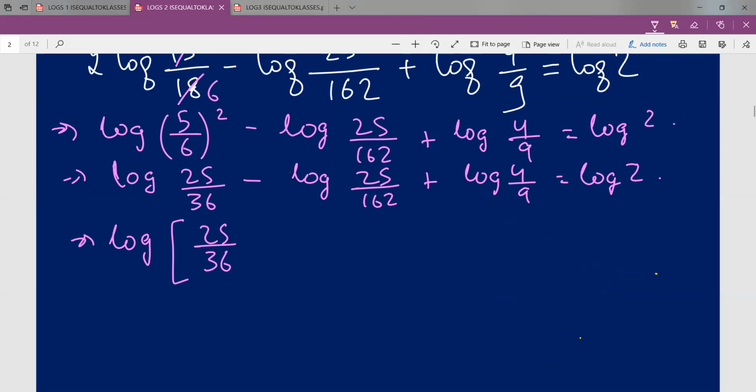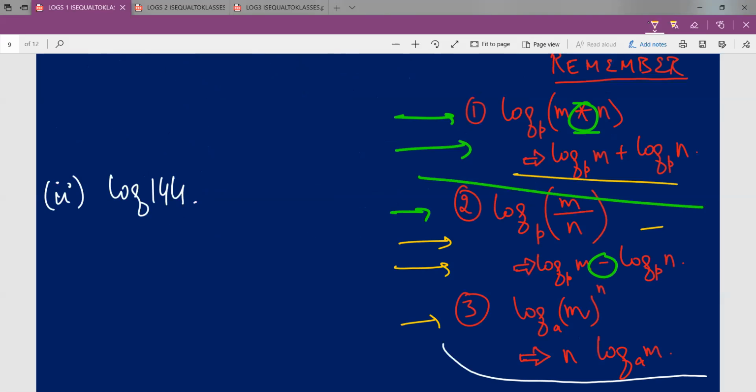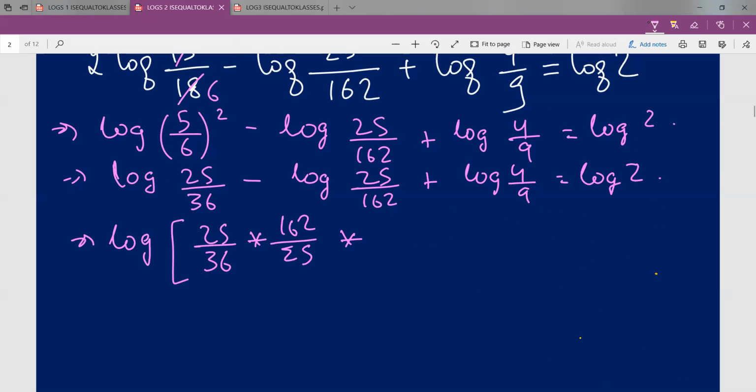Therefore I could write this as 25 divided by 36 divided by 25 divided by 162, and we'll take the reciprocal of 25 by 162, which would be into 162 by 25, into plus. Where there's plus, there's a multiplication, and we'll apply the first law here. So this will be equal to 4 upon 9. No need to take reciprocal. Will be equal to log 2, which remains untouched. So therefore 36.